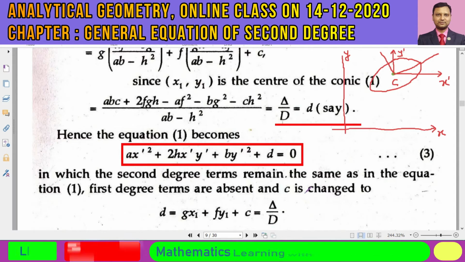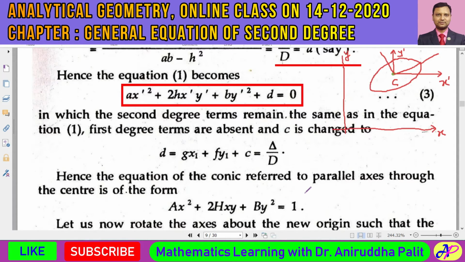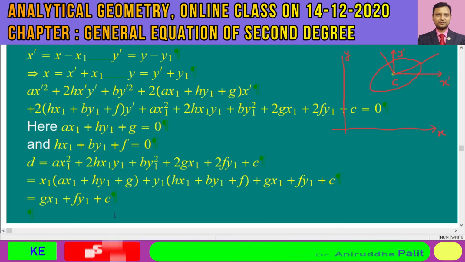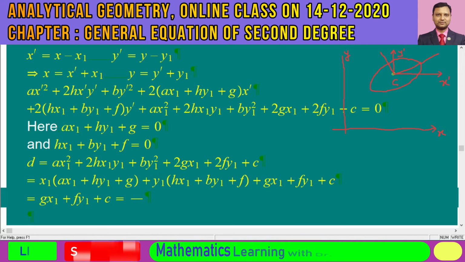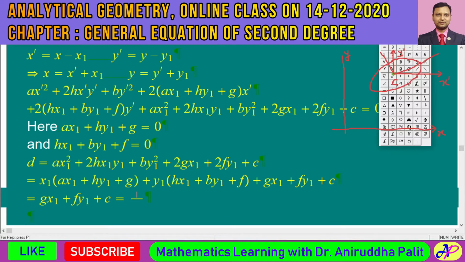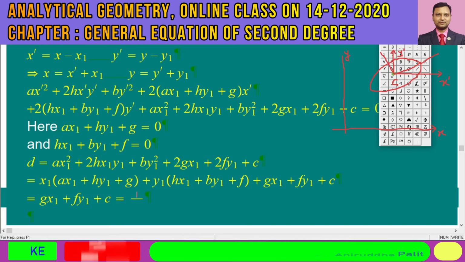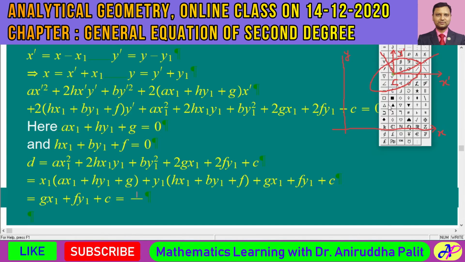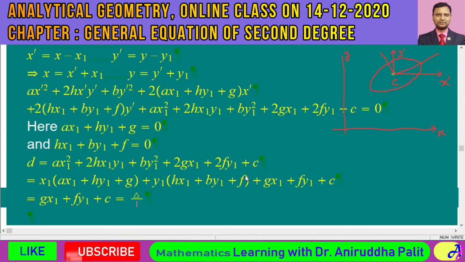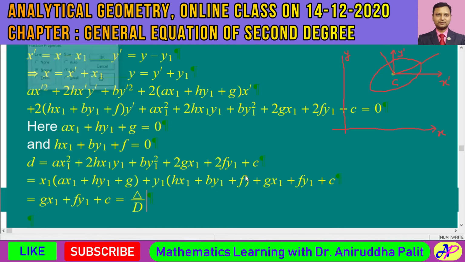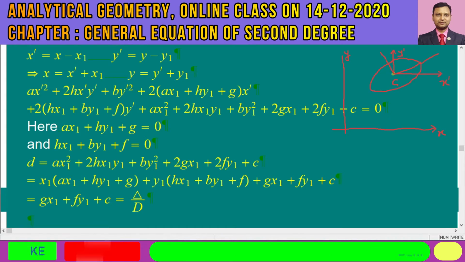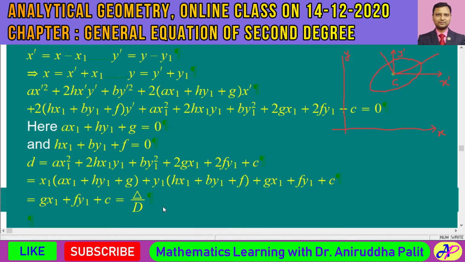All right, and therefore we can say that this expression is equal to this capital delta divided by D. So delta by D we have over here.